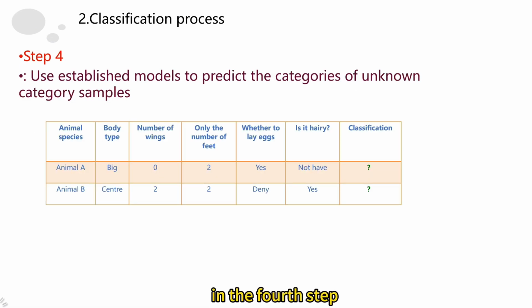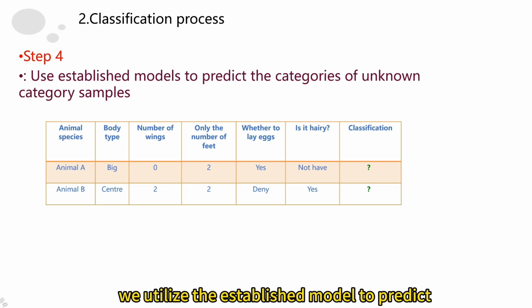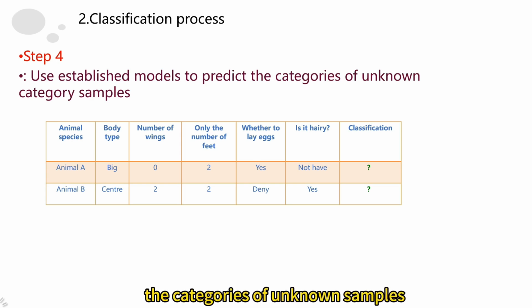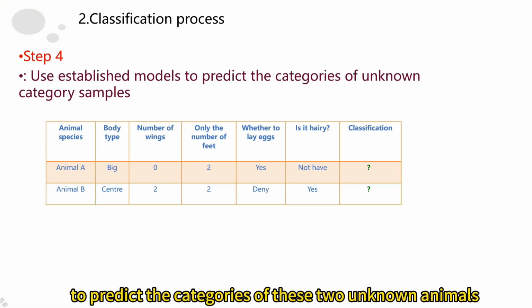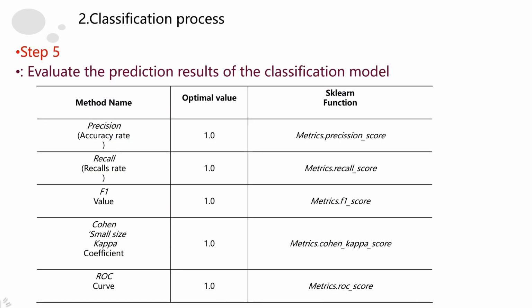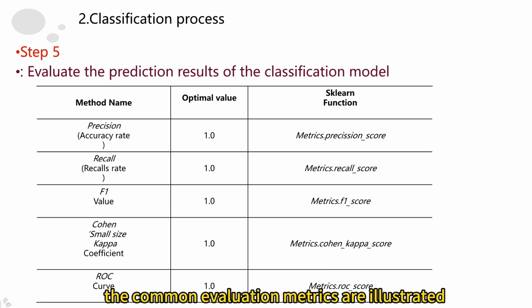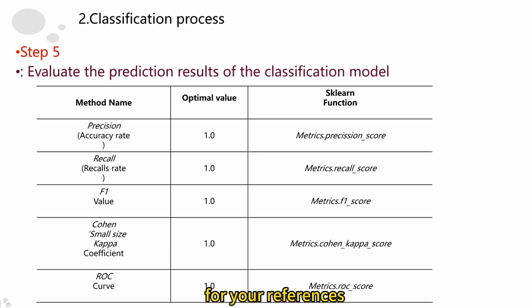In the fourth step, we utilize this established model to predict the categories of unknown samples. Here, we apply the classifier model we built based on the previous samples to predict the categories of these two unknown animals. In the next step, we use various evaluation metrics to assess the performance of our model's predictions. The common evaluation metrics are illustrated in this graph for your reference.